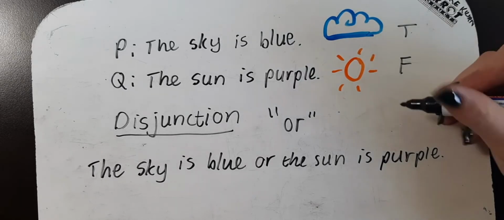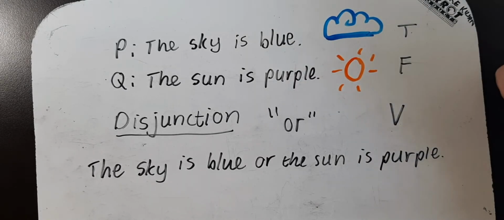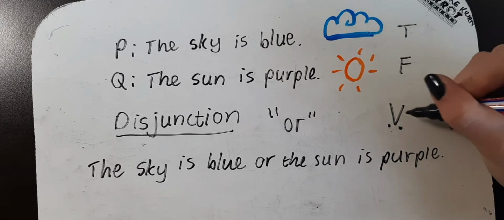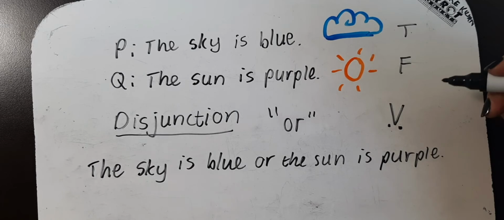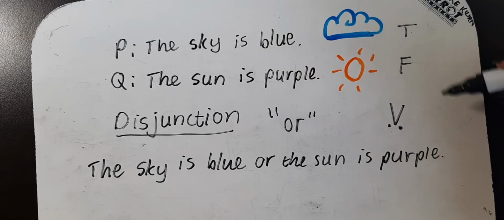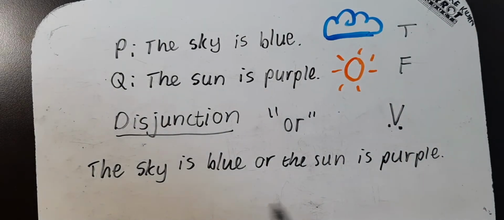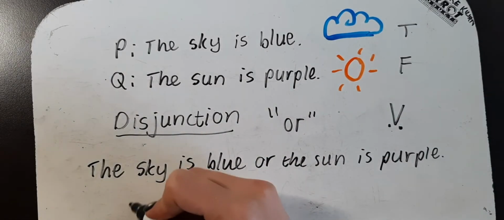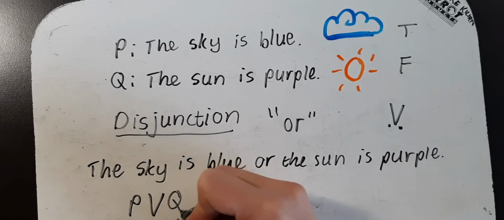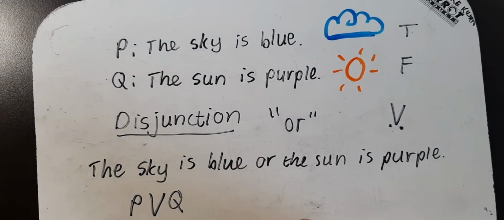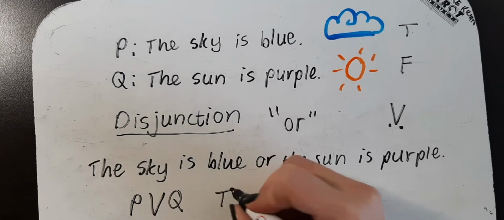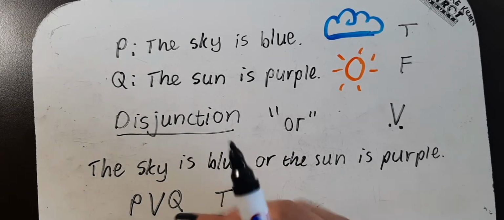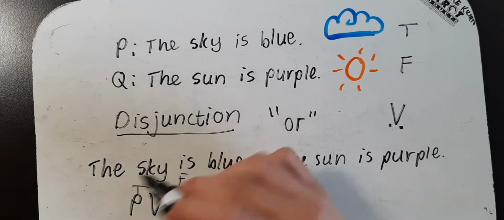We indicate a disjunction between two statements with the word or. The symbol for a disjunction is this. And I remember that if we have two objects and this comes between them, then you can choose either the one or the other. So we have our two statements here. The disjunction between them will be the sky is blue or the sun is purple. We can indicate this symbolically by P or Q. In this particular example, the disjunction P or Q will be true because P is true and Q is false.